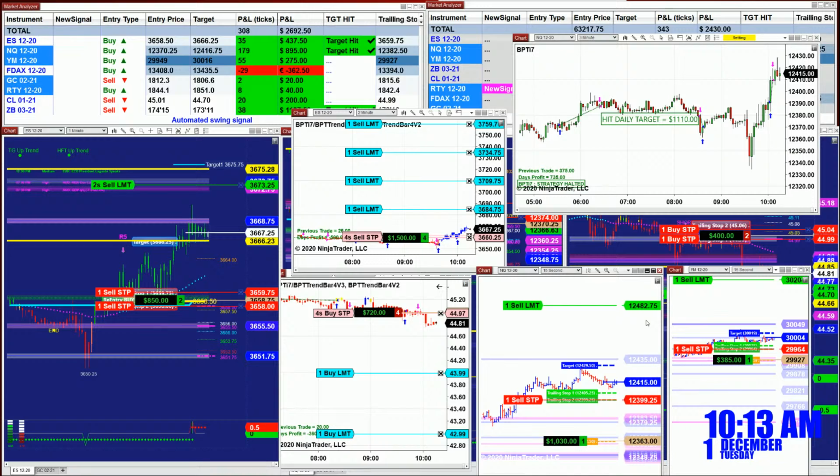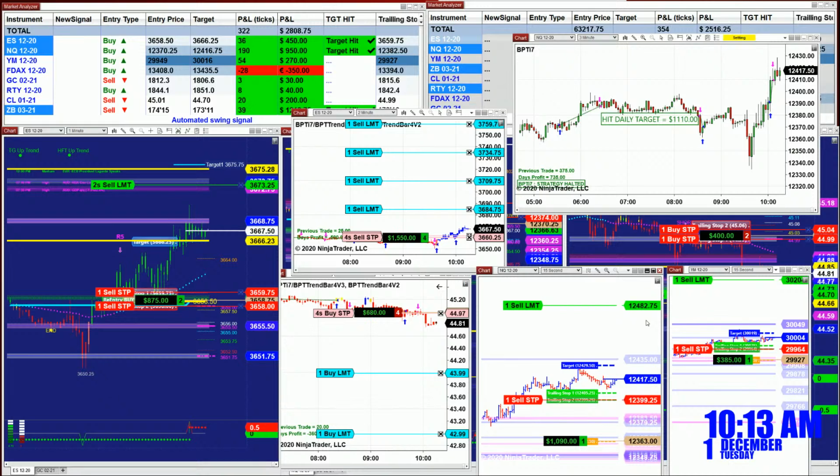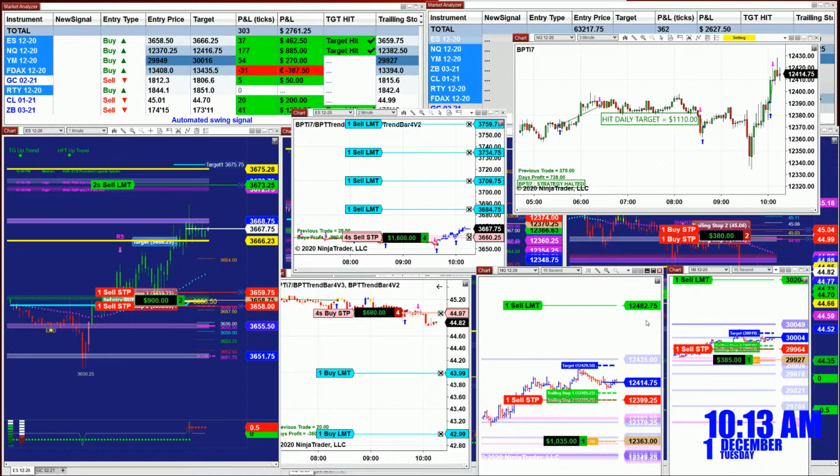But nevertheless, with any type of mechanical trade, you do not just turn it on and ignore the market when the volume goes down, like in the summertime, or from Thanksgiving to New Year's Eve.